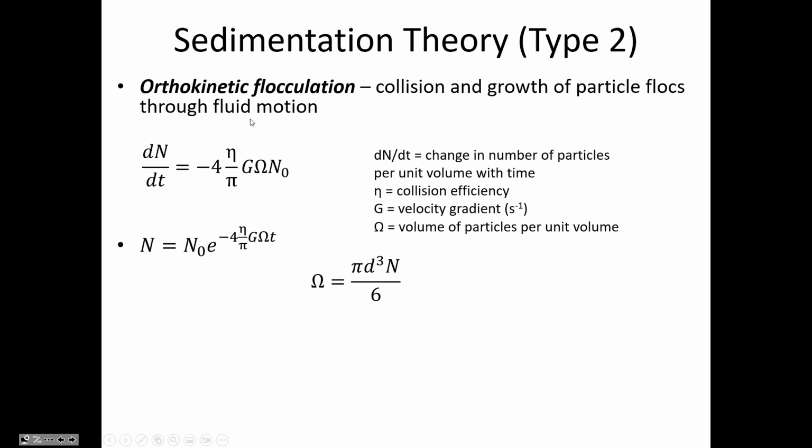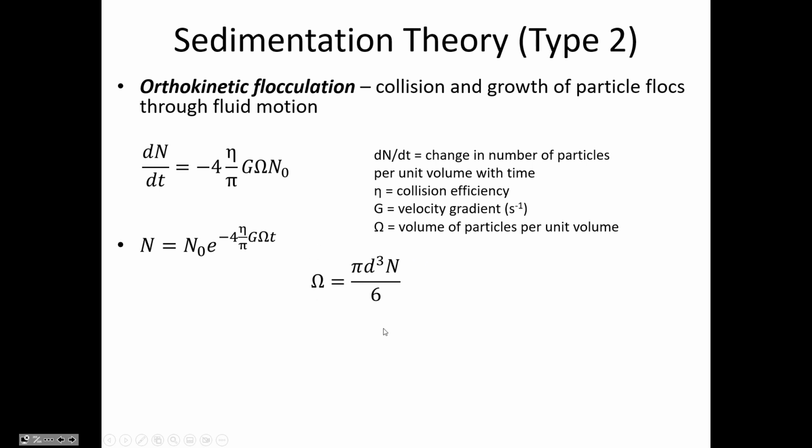If we integrate, then we can get a formula that says what the number of particles per unit volume is relative to an initial number of particles per unit volume. And we estimate the volume that's occupied by a certain unit volume of water.